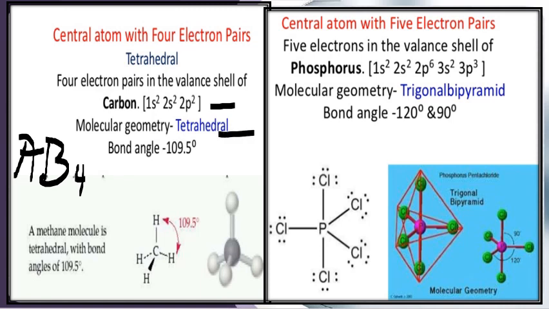Why is it so? It is in accordance with the electronic configuration of carbon, that it is 1s2, 2s2 and 2p2. One of the transitions from 2s to the empty p orbital makes the unpaired electrons 4. So these four unpaired electrons get bonded with the hydrogen atoms by sharing one electron pair with each, right?